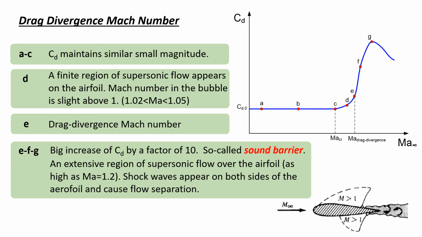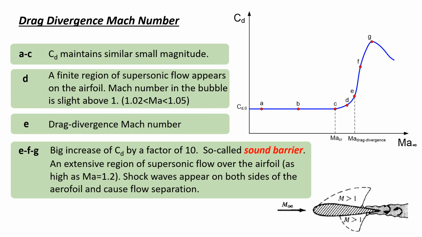However, we've introduced a drag divergence Mach number, and there's no precise definition of it. That's true. If we look at the literature, the reference books, such as the Anderson book, there's no precise definition of the drag divergence Mach number. It's a qualitative definition, I would say. People usually say that at the critical drag divergence Mach number, the drag coefficient starts to increase dramatically.